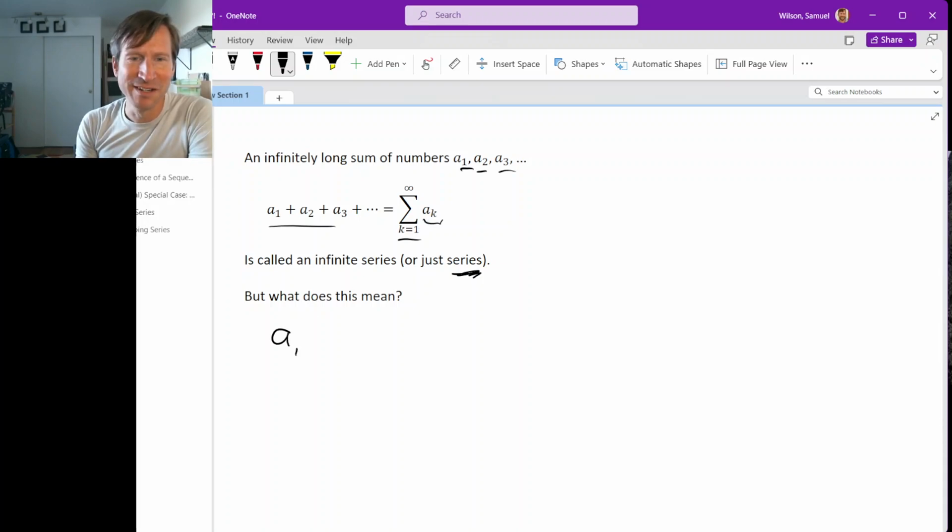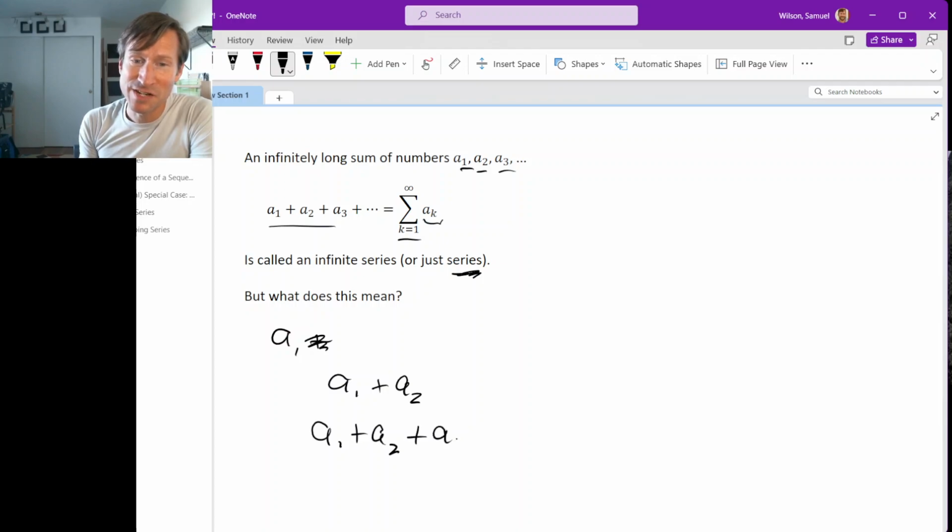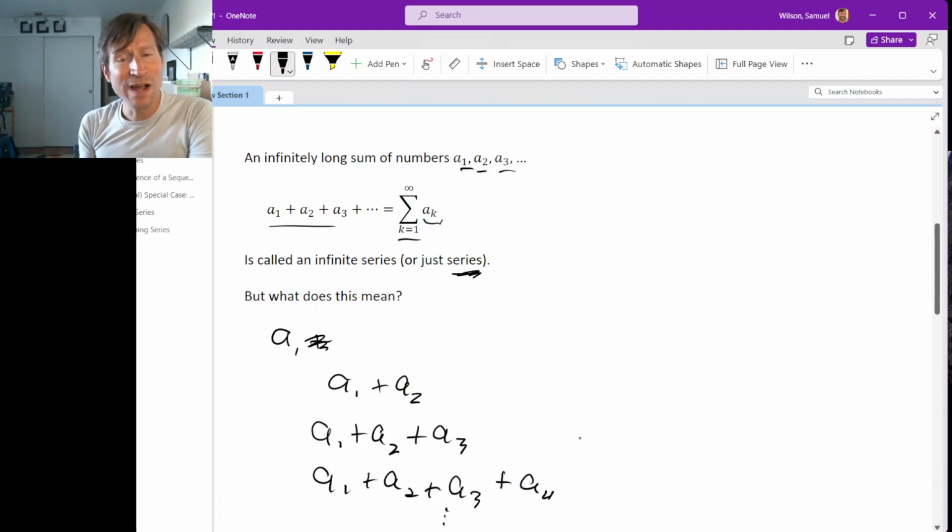You'd start with a1, which is some number, and then you'd add a2 to it, and then you'd take a1 and a2 and add a3 to it, and then you'd take a1, a2, and a3 and add a4 to it, and you'd keep doing this, and as you went, you would see what happens to the trend as you keep adding more and more terms in order.